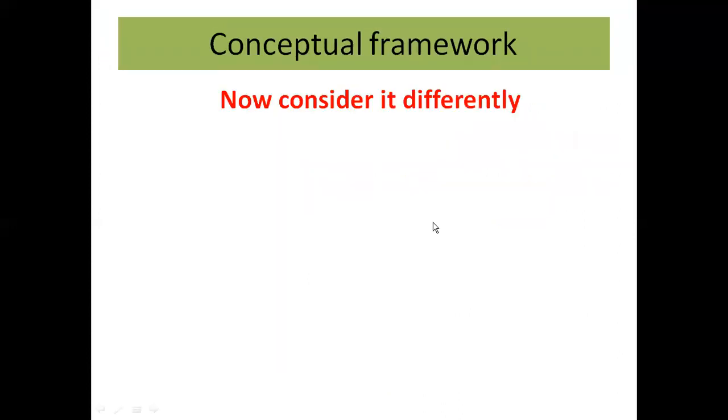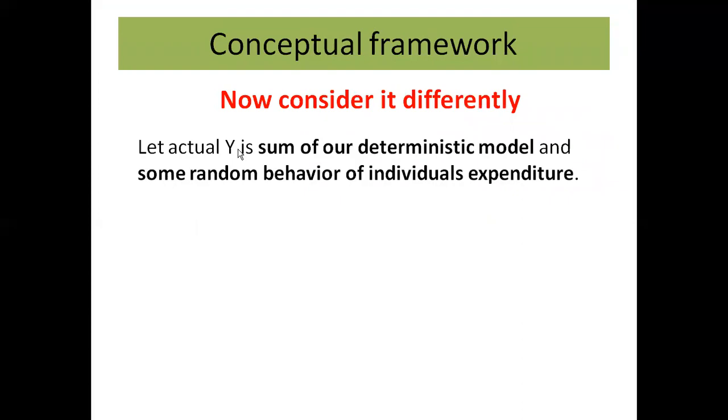Now, let us start this question differently. Let us assume that y is the sum of our deterministic model and some random part. Y means expenditure. Expenditure is the total of two things: our deterministic model and some random behavior of the person in purchasing.